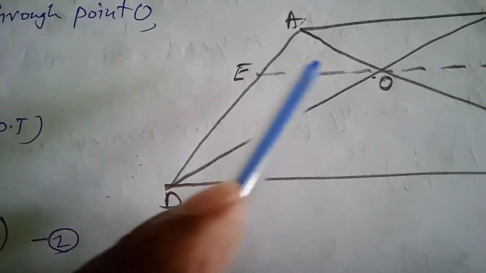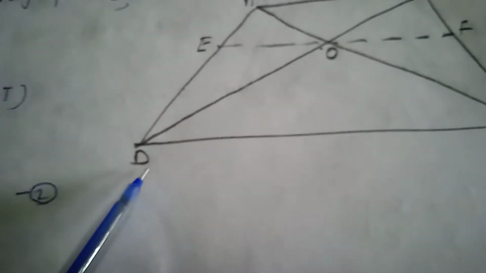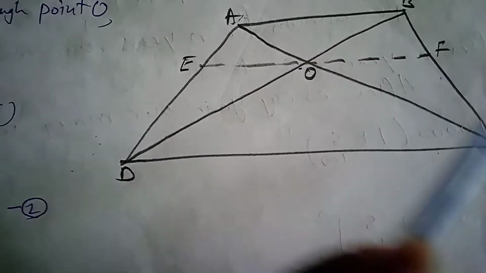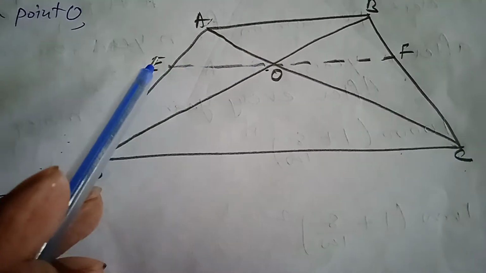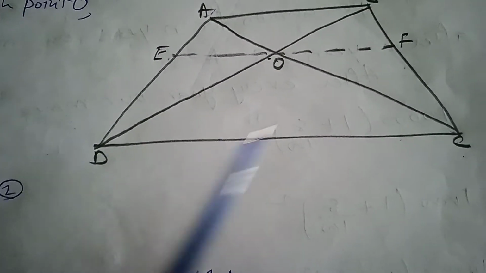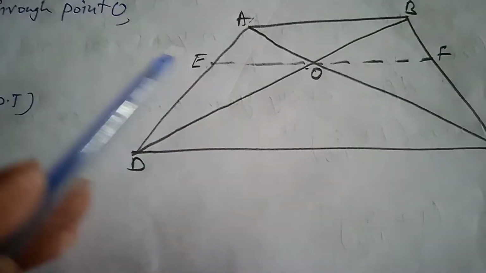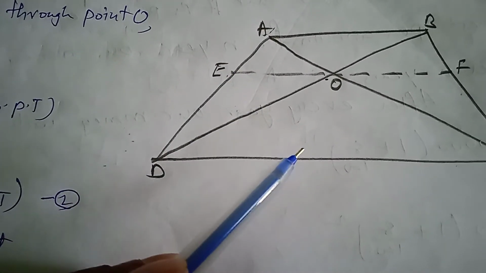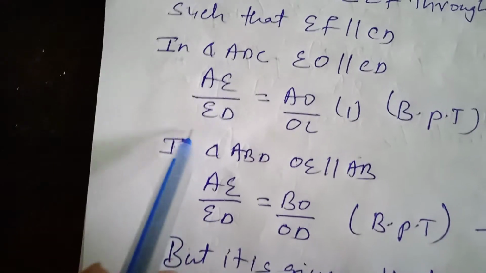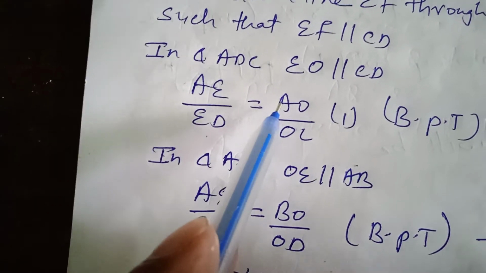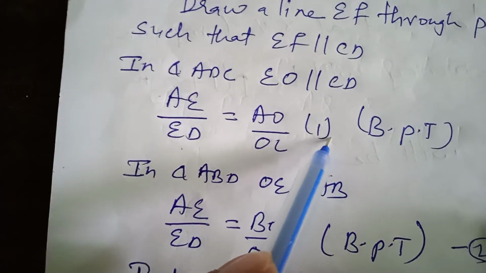In triangle ADC, EO is parallel to CD. Using the basic proportionality theorem formula, we write AE upon ED is equal to AO upon OC, point number 1.